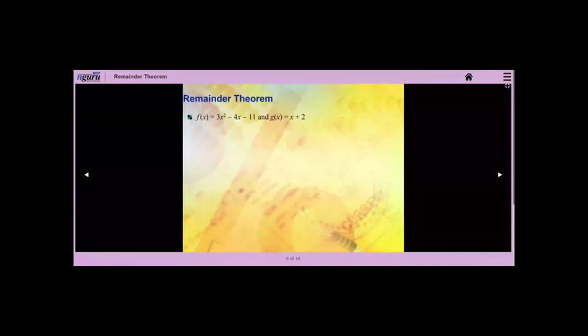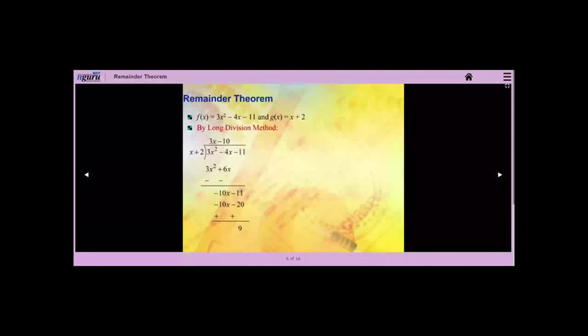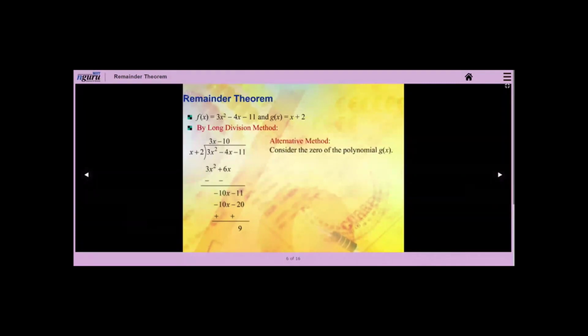Consider two polynomials f of x and g of x. When f of x is divided by g of x by the long division method, we get the quotient 3x minus 10 and the remainder 9. Let's look at an alternative method of determining the remainder called the remainder theorem.